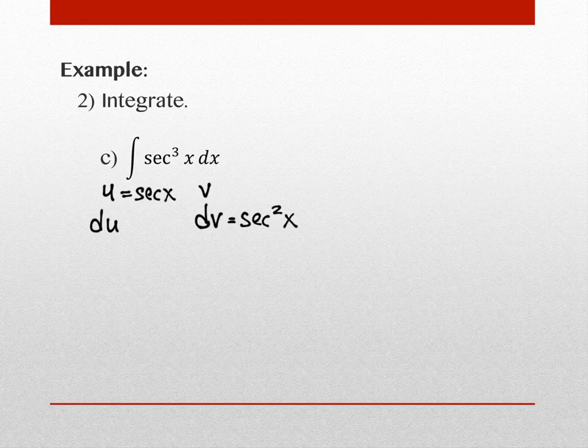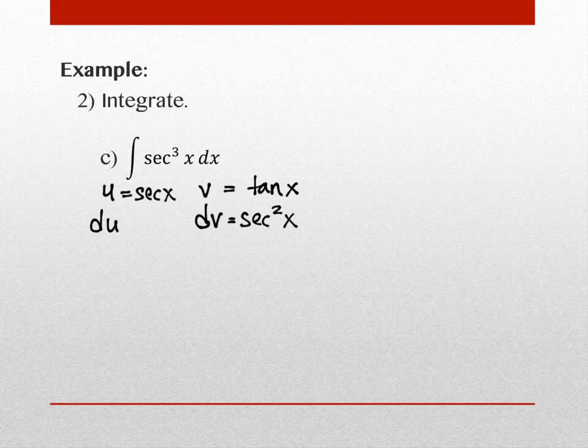Secondly, knowing that my dv is secant squared also tells me what v is, and it's always the same. It doesn't matter what other pieces are in the problem. If I have secant squared as dv, then I know for sure what the v is. What is my v? It is tangent.